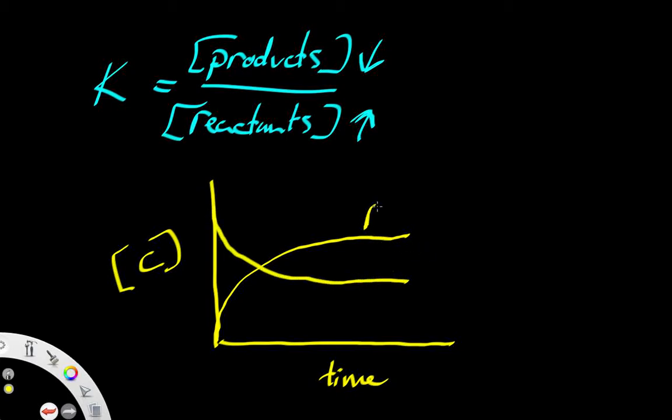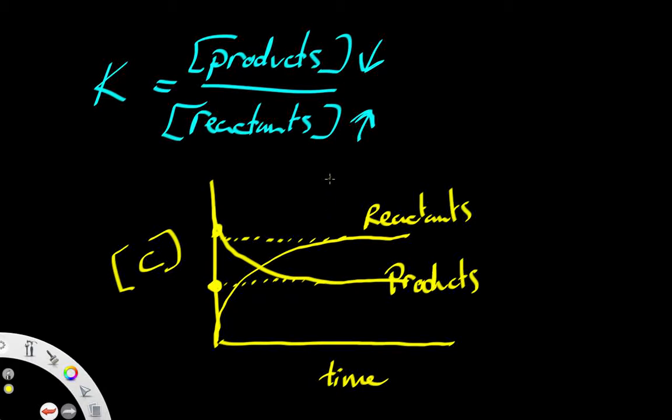Now over here we are going to have our reactants, and down here we will have our products. If we trace it back, we can see that we have a higher level of reactants than we have products once we reach equilibrium. And equilibrium looks like it'll be reached at about this point right here. And once again, these reactants and products do not change with time as they move forward in this direction.